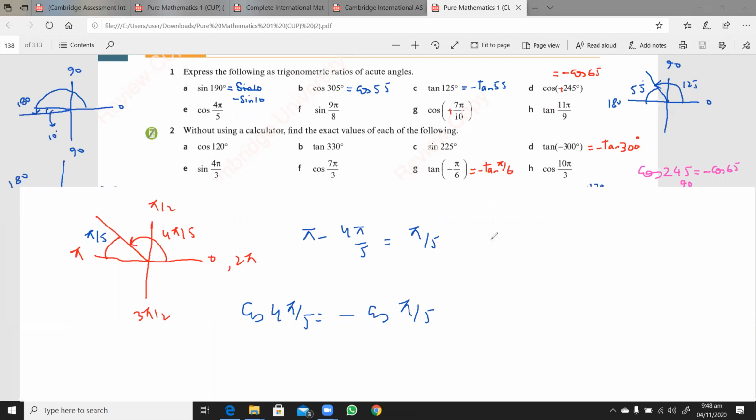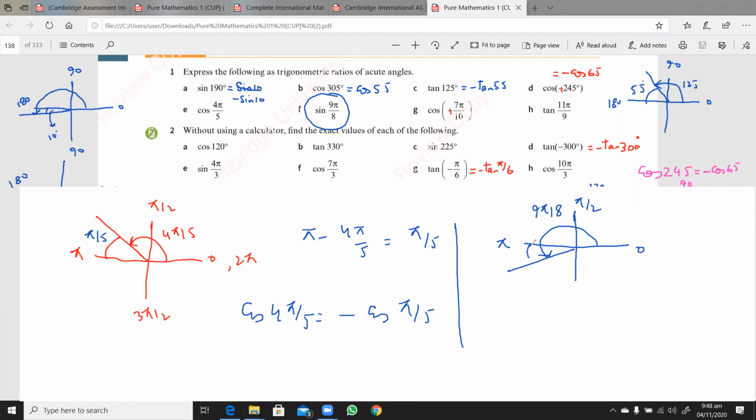Okay, look at this sine 9 pi by 8. Is it more than pi or less than pi? More. Yeah, this is more. Okay, so this is your 0, this is your pi by 2, this is your pi, so you should be somewhere here. This is your 9 pi by 8.